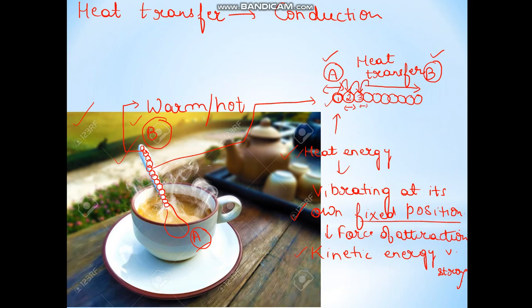Then the third particle will start vibrating, then the fourth particle will start vibrating, and like this the heat will be transferred from point A to point B. And remember, children, that they are vibrating more vigorously due to this heat energy. So by vibrating, they are actually transferring the heat energy from point A to point B. So this is how conduction is taking place in this example.